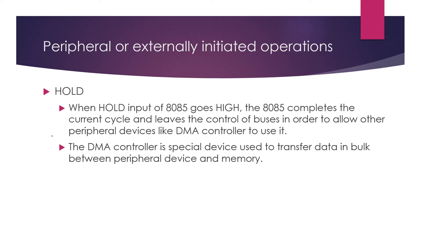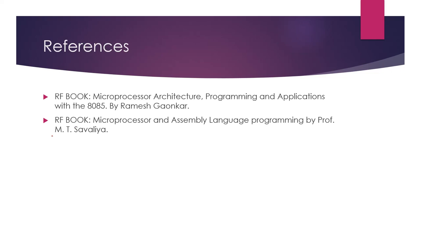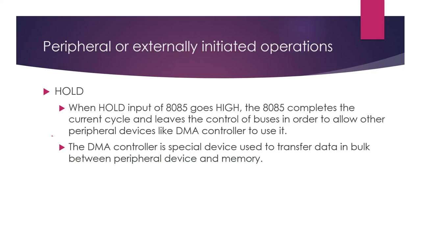So the hold pin is used by the DMA controller to take control over the system bus. For example, data transfer between a floppy disk or hard drive and memory and vice versa. During data transfer by DMA, the microprocessor remains idle. So this was all about the 8085 operations.